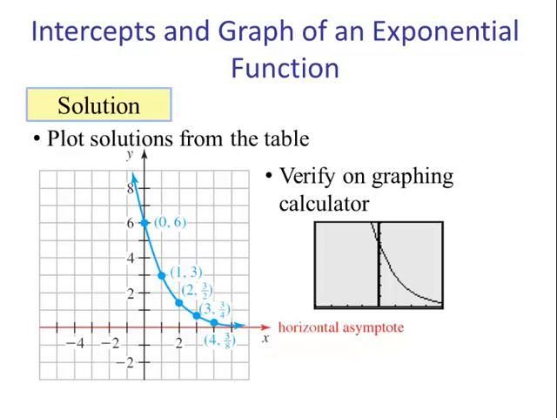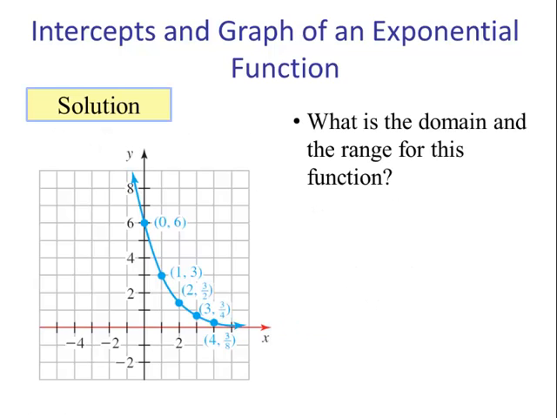Viewing this on the graphing calculator, we see as x increases, y gets closer and closer to 0, but it never does touch it. What's the domain and range of this function? The domain, again, is all real numbers, and the range is all positive y values.